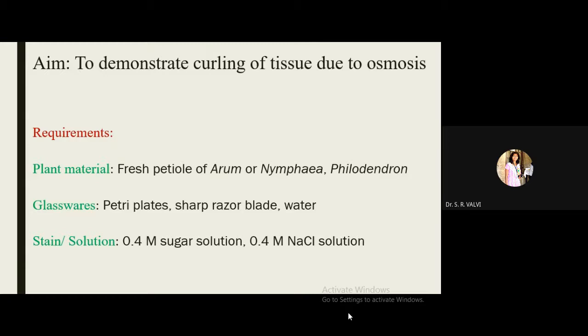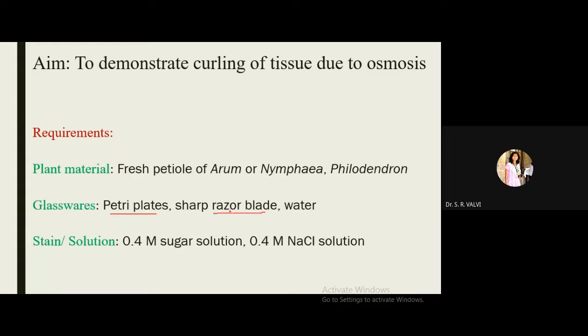So requirements: plant material, the fresh petiole of arum or nymphaea. If not, you can also use philodendron. Then glassware: here we require petri plates, a sharp razor blade and water. Why the razor blade?